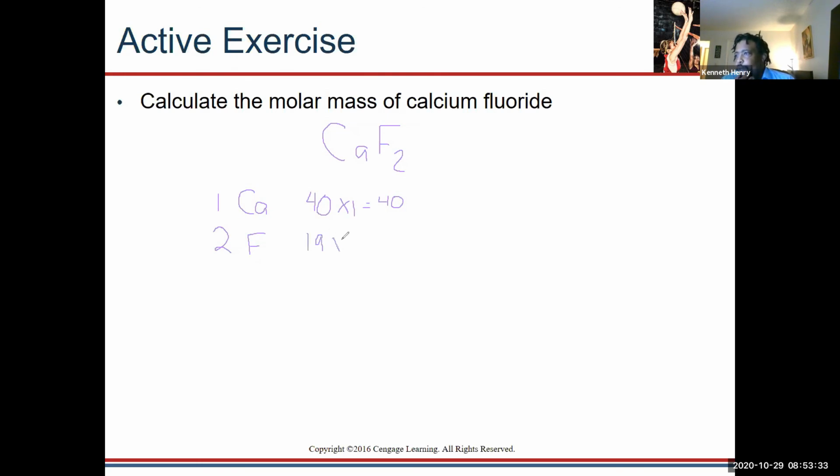And we have 2. 38. So if we add these 2 together, it's going to be 78 grams per mole. Okay, and you guys know what it means when I say grams per mole. You know what that means, right?